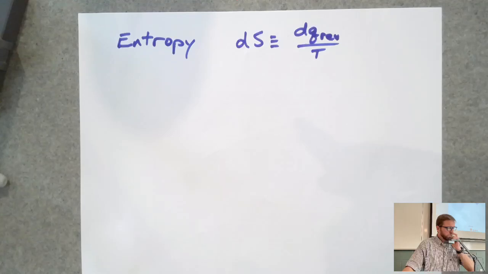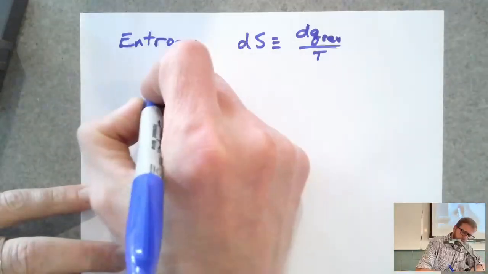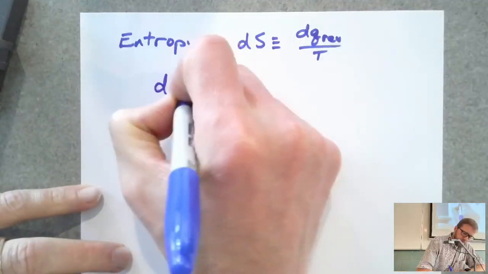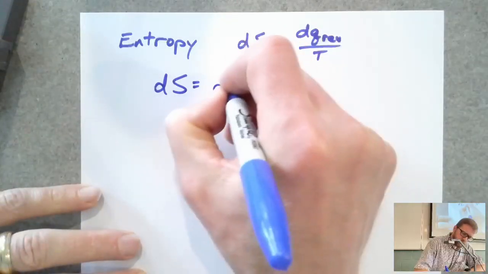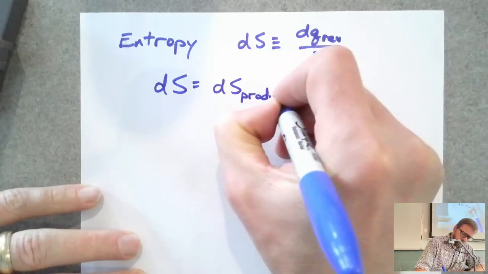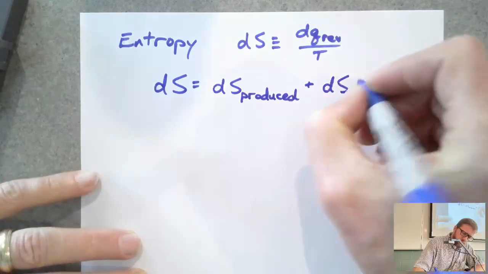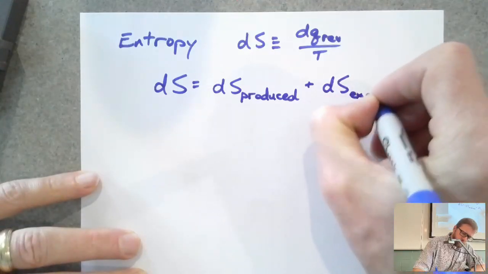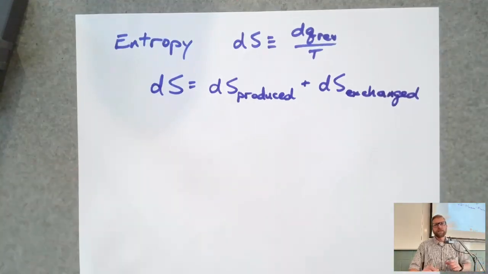And in order to appreciate that a little bit, we're going to take a look at entropy. And we're going to break entropy up into two pieces, okay?